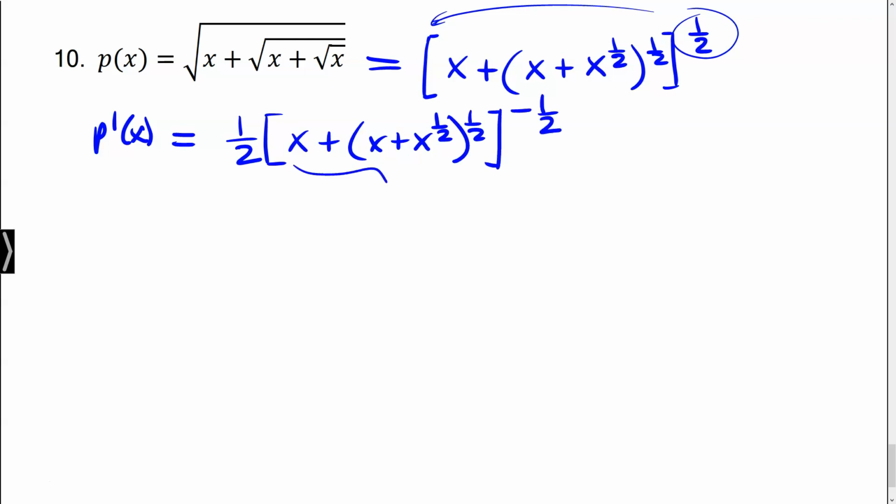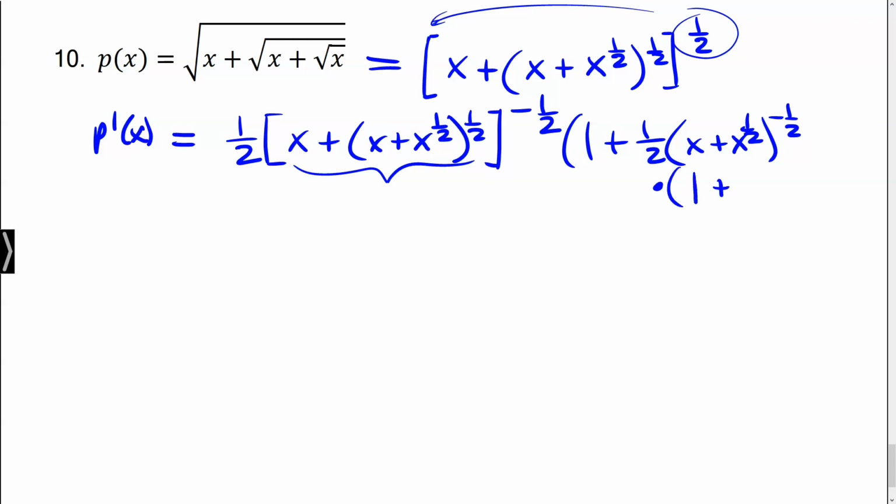Now I have to differentiate what's inside times the derivative of what's inside, which is going to be 1, because that's the derivative of x, plus 1/2 x plus x to the 1/2 all to the minus 1/2 times the derivative of what's inside here. Okay, so now I'm starting to get a little bit, I wish that I had more room on the end of the board here. So 1 plus 1/2, all this to the minus 1/2, times the derivative of what's inside, which is 1 plus 1/2 x to the minus 1/2.